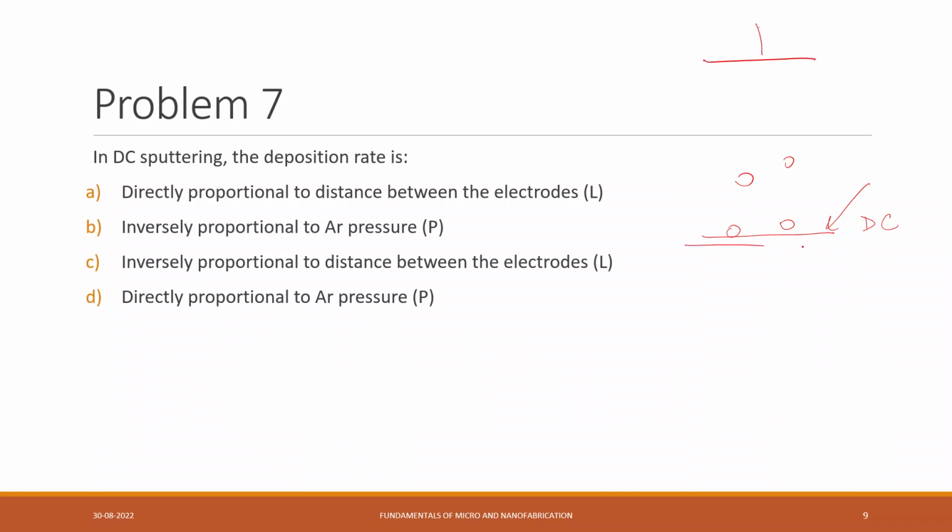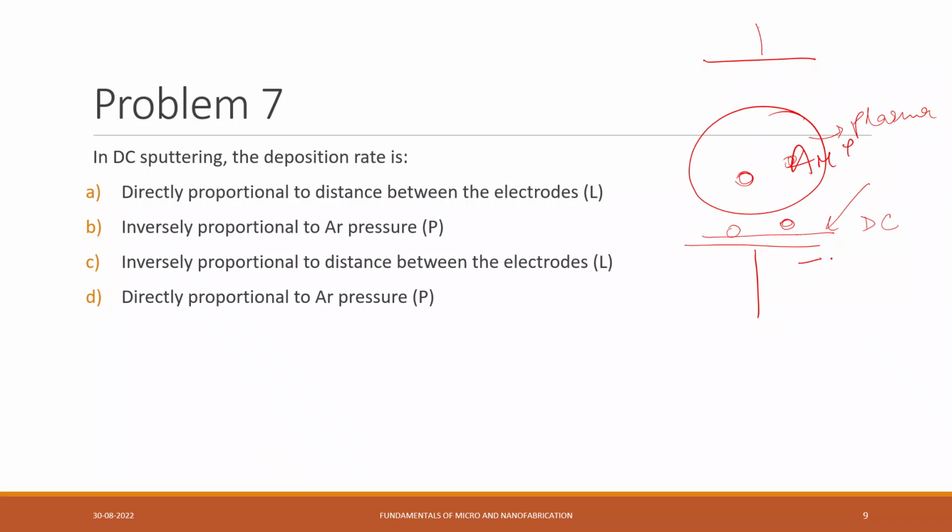Here we have two electrodes with a DC bias, and by this we generate electrons, and usually it is done in the presence of a plasma. The plasma is argon plus.